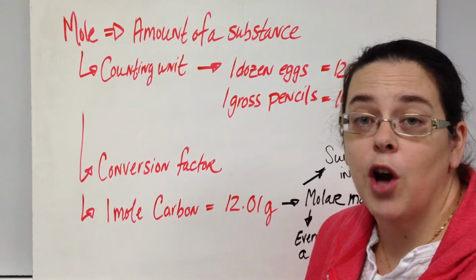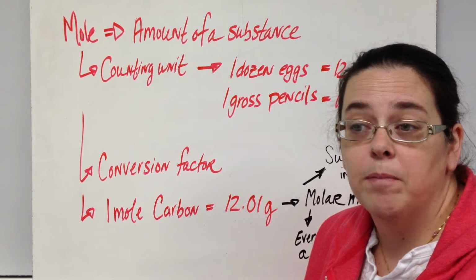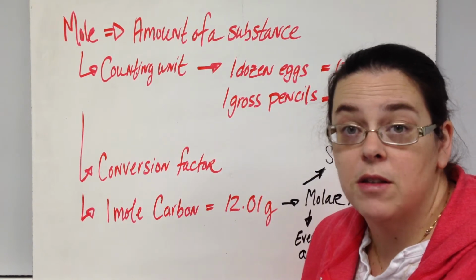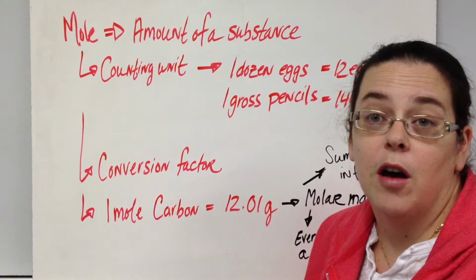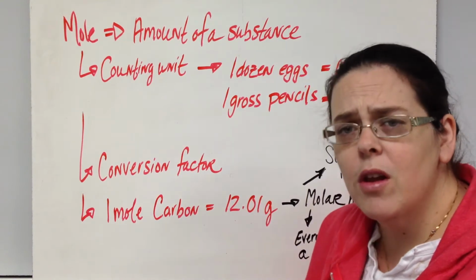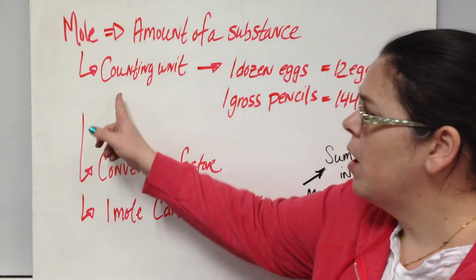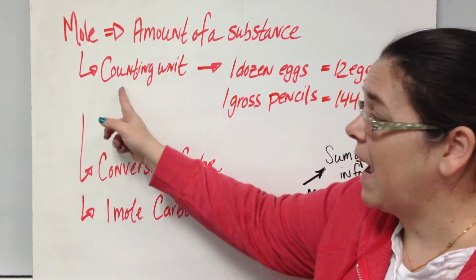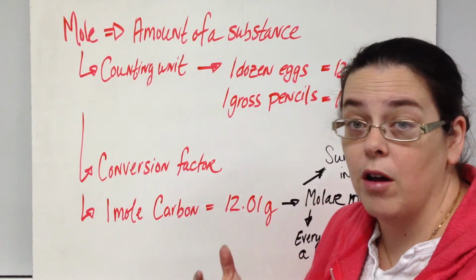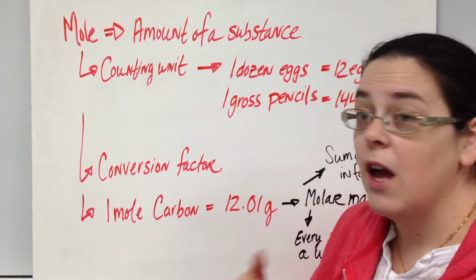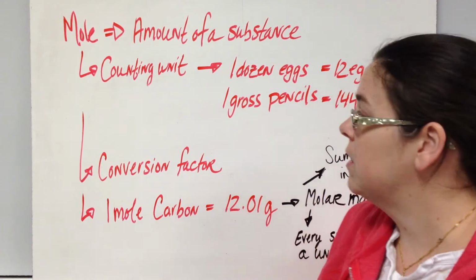It's based on carbon and how many atomic mass units there are in one carbon. So don't get too tied up in that, but you do need to know that it's a counting unit. It is sort of a unit that has been manufactured and manipulated for our purposes in chemistry.